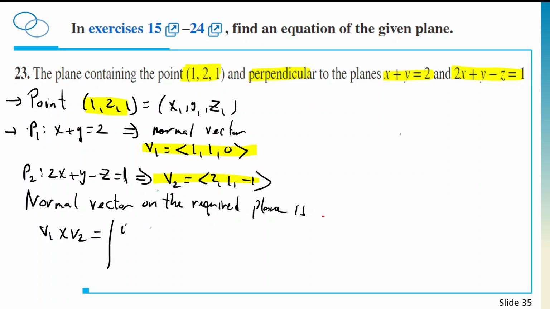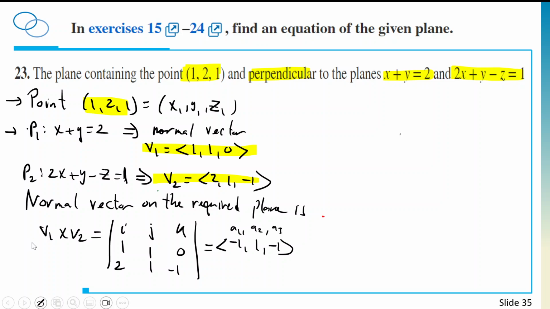So v1, it's i, j, k, v1 is 1, 1, 0, v2 is 2, 1, negative 1. We need to work with finding the determinant for this matrix, and this one will be equal to negative 1, 1, negative 1. And this is basically a1, a2, a3.